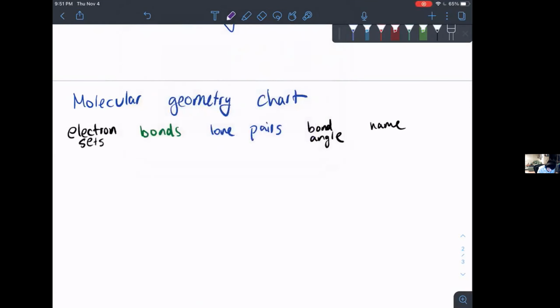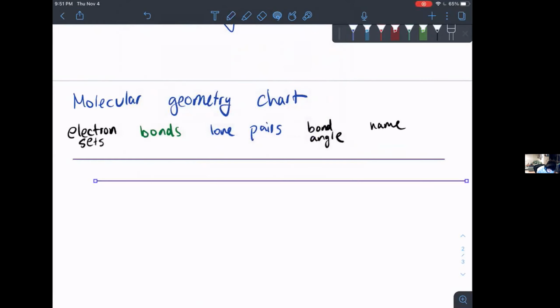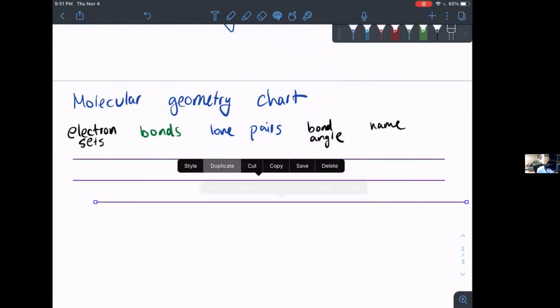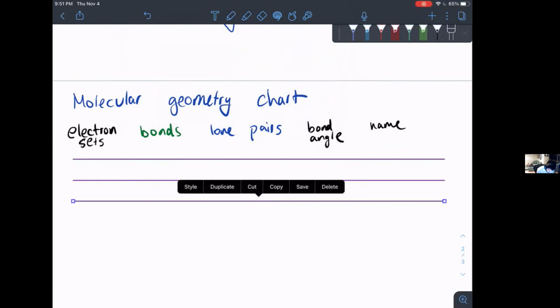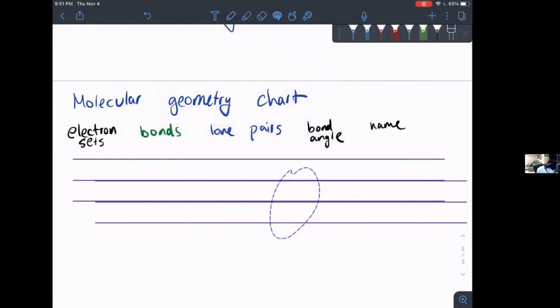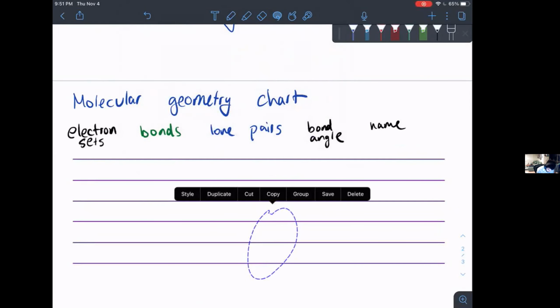So I'm going to go ahead and make my chart. Let's try something cool. How about a nice little purple? And maybe I'll just go ahead and duplicate this a couple hundred times. Then let's actually do this the fast way. We may not need this many lines.